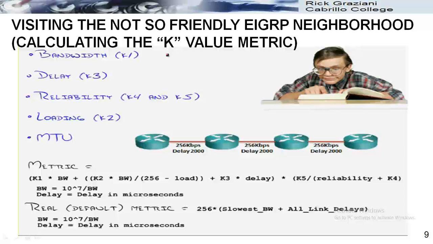In fact, when you're having issues with your EIGRP routers not forming neighborships, you might see messages like there is a K-value mismatch and all that.